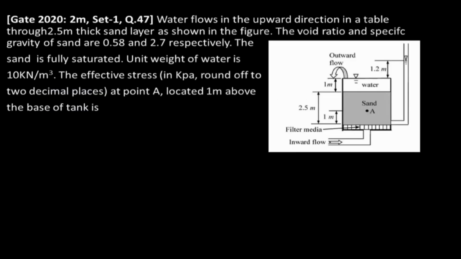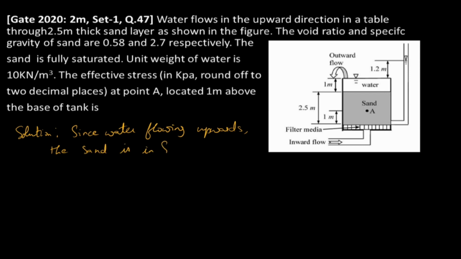If you see this question, the water is flowing upwards in the soil sample, and they have asked us to find out the effective stress at point A. Since the water is flowing upwards, the sand is in submerged state.